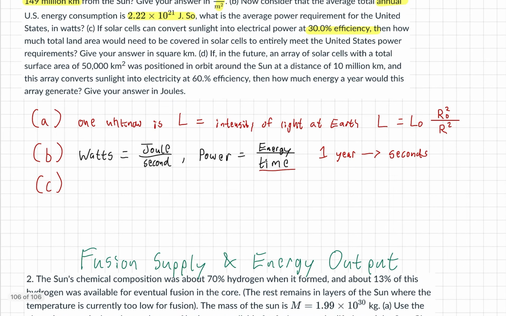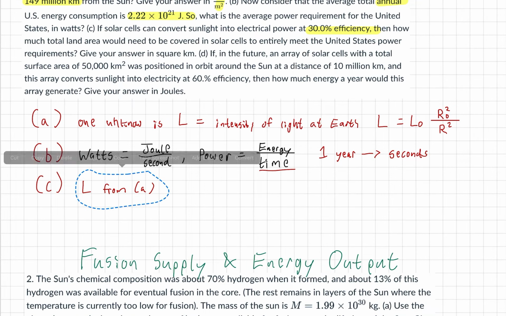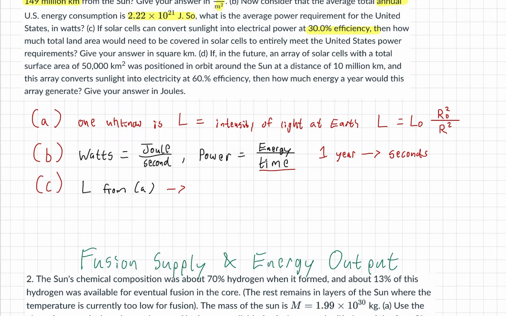Okay. So how the heck would we go about doing something like this? Well, remember, we solved for luminosity, right? So the luminosity we solved for in A, so we'll say from A, okay. Well, that value, if we consider its units, we can really make sense of what we need to do with it, because it has units of watts per square meter.